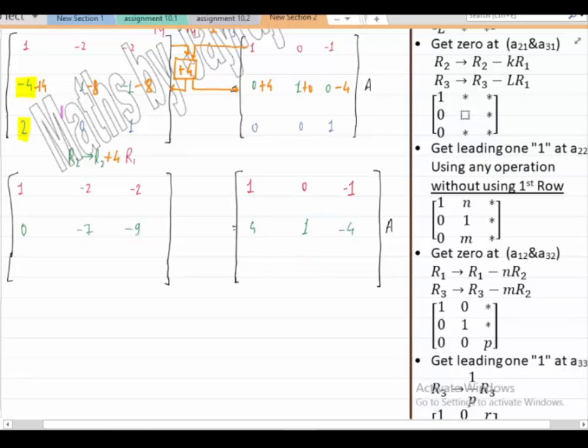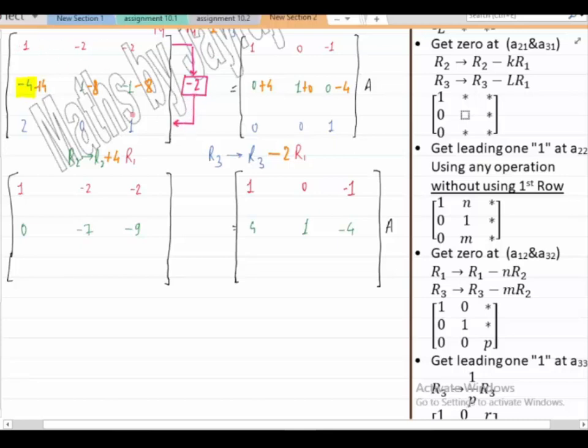Now it's time to get 0 at the A31 point in this same step, so we can reduce the steps, and that can be achieved by the operation R3 gives R3 minus L, or we can say 2 R1. That means we will multiply our first row by minus 2 and then add it to the third row.